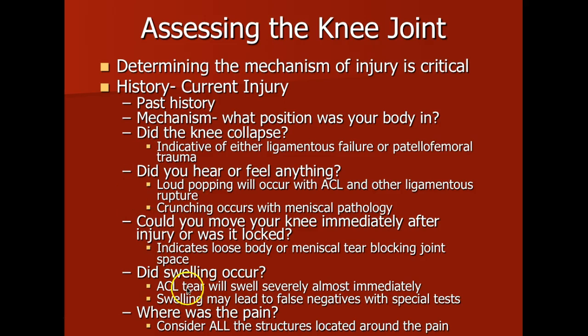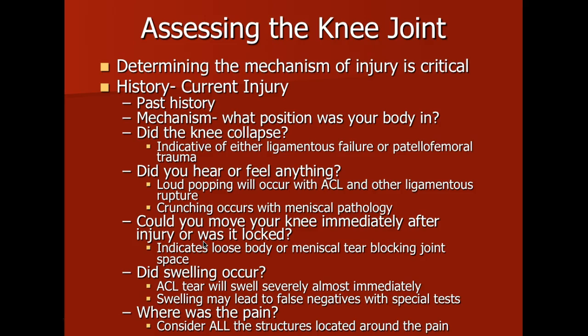And a lot of these questions could be answered if you actually saw the injury. But let's say you have an athlete who comes to you and says, "Oh, I got hurt yesterday. I was playing in a game." These are the type of questions that you want to ask, and that will give you a better idea of how the athlete got injured, and also helps you narrow down the type of injury to maybe one or two different injuries before you even start doing any special tests or palpating.